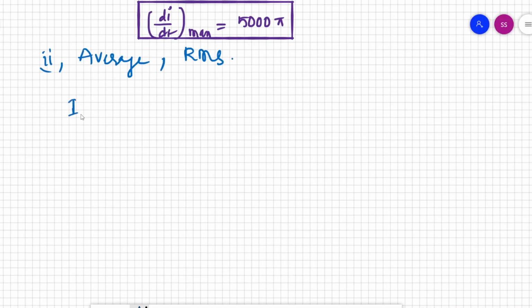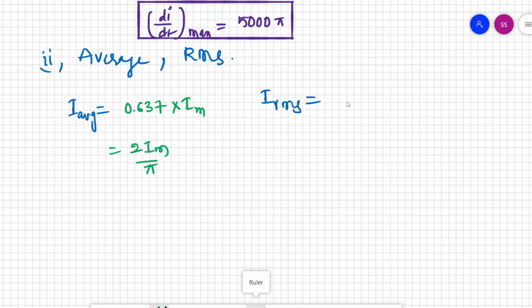So what is I average we can find, what is I RMS we can find. We can simply substitute the formulas: I average is nothing but 0.637 into Im, or you can also write it as 2 Im by pi, and in case of RMS you can substitute 0.707 Im, or you can write it as Im by root 2.